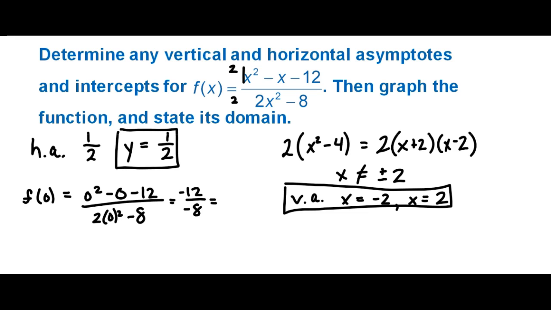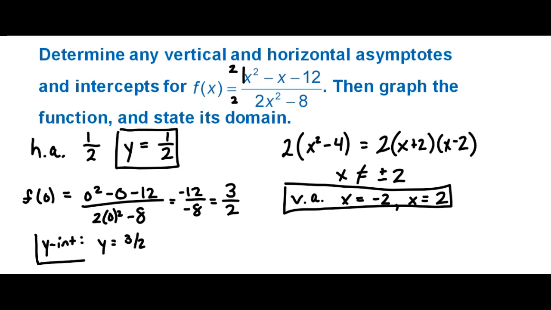That's going to simplify to negative, or actually positive 3, or positive 4. Never mind, I was right the first time. It's positive 3 over 2. So that's how we find our y-intercept. So we have a y-intercept at y equals 3/2.